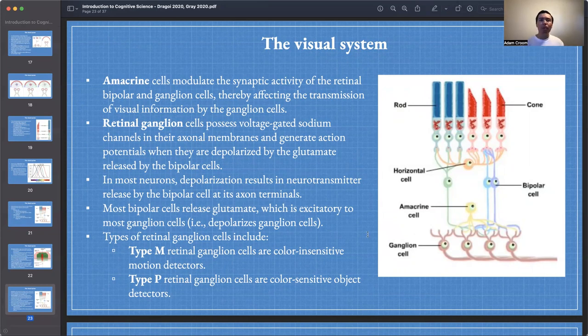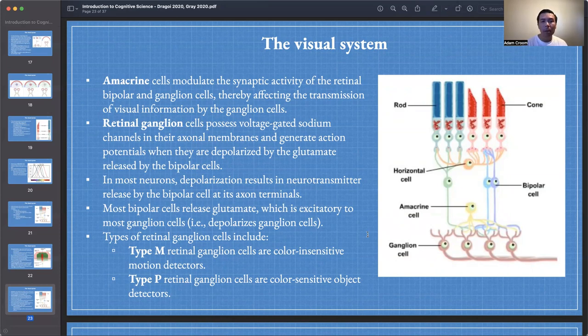So amacrine cells modulate the synaptic activity of the retinal bipolar and ganglion cells, thereby affecting the transmission of visual information by ganglion cells. Retinal ganglion cells possess voltage-gated sodium channels in their axonal membranes and generate action potentials when they are depolarized by the glutamate released by the bipolar cells.